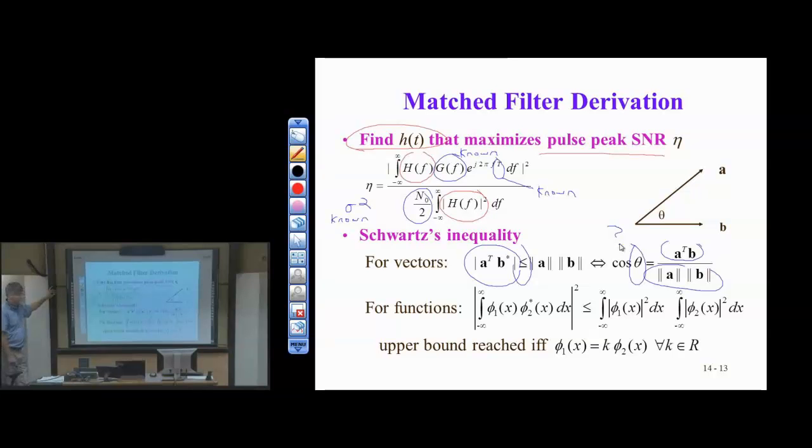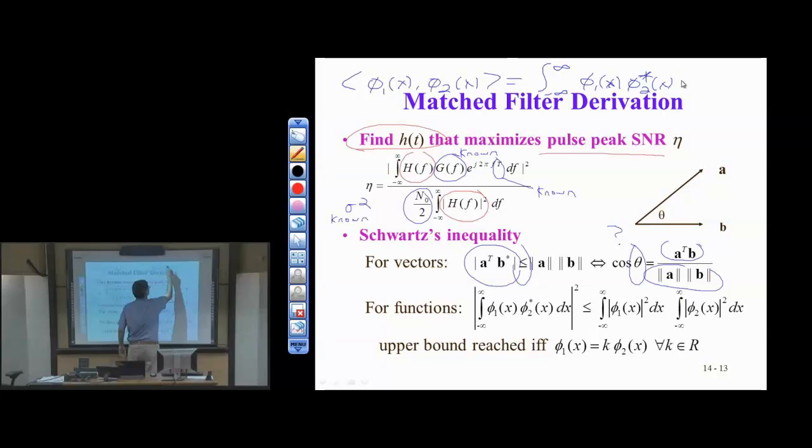Okay. Now to make it more interesting, there's a notion of inner products that are related to functions. This is maybe a little bit new, but you can describe an inner product of two functions as the integration of their product, but I have to conjugate phi 2 just in case it's complex valued, which could happen especially if we're in the Fourier domain.